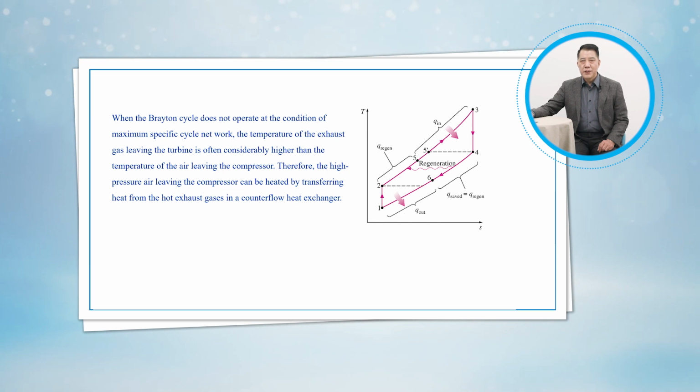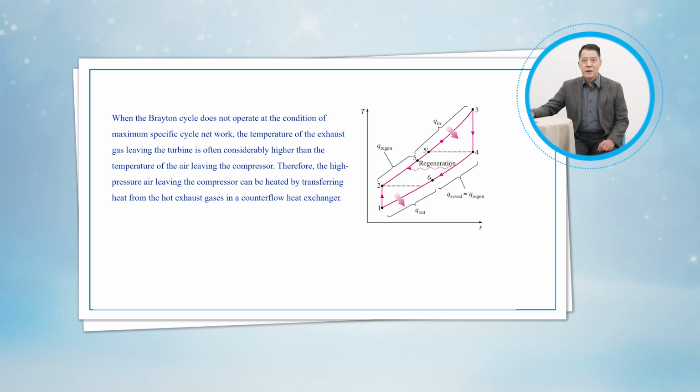The thermal efficiency of the Brayton cycle increases as a result of regeneration, since the portion of energy of the exhaust gases that is normally rejected to the surroundings is now used to preheat the air entering the combustion chamber. This, in turn, decreases the heat input requirements for the same network output.